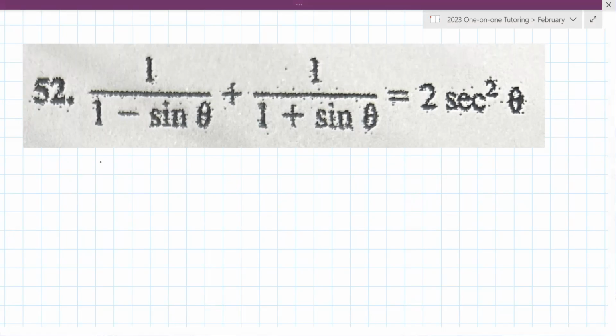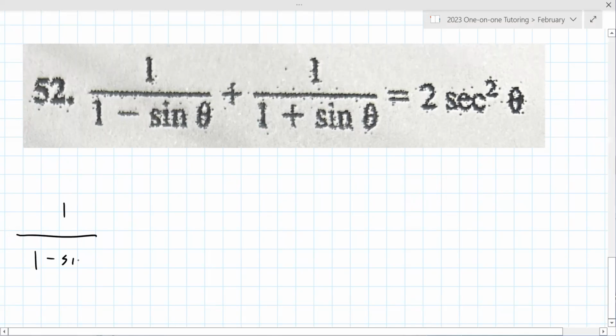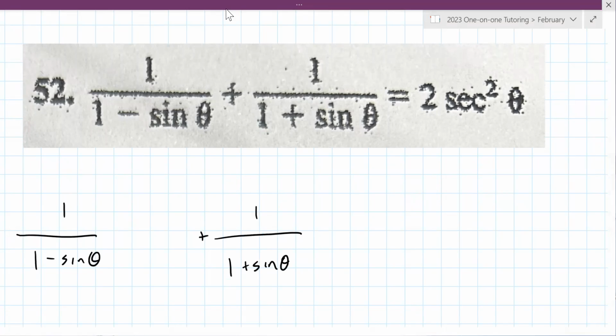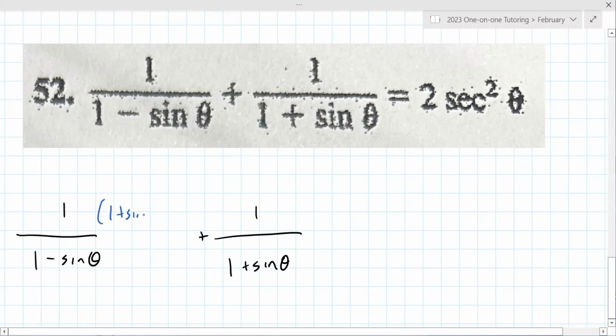Let me rewrite it here. 1 over 1 minus sine theta, 1 over 1 plus sine theta. Multiply by 1 plus sine theta over 1 plus sine theta. Oh, sorry, this one's going to be a minus: 1 minus sine theta.